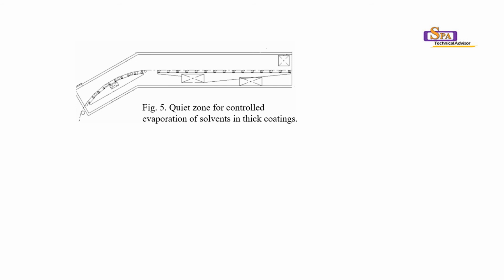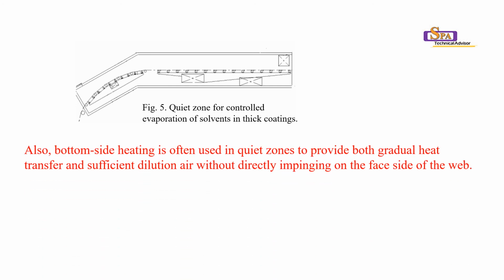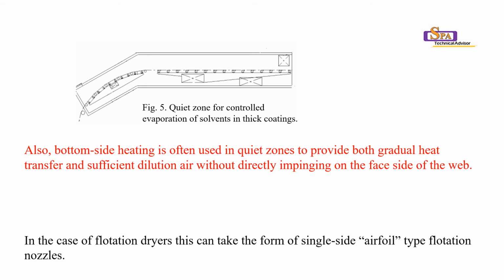Here is a design that will explain the quiet zone for controlling evaporation of solvent in thick solvent coatings. Also, bottom side heating is often used in quiet zones to prevent both gradual heat transfer and coefficient dilution air without directly impinging on the face side of the web.